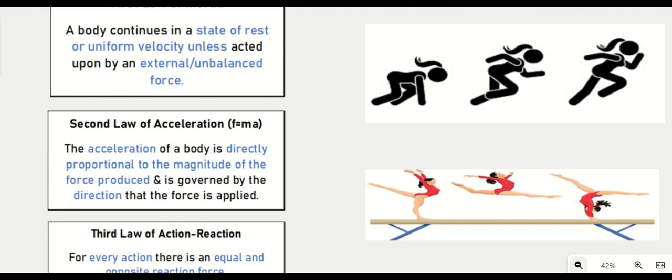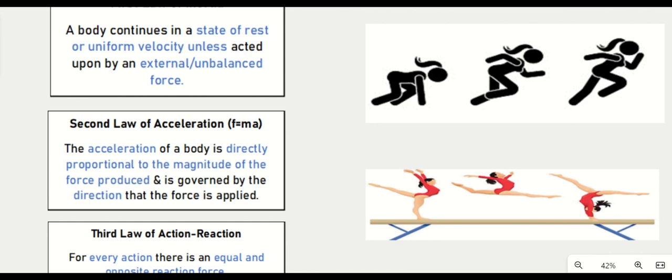Let's just have a little look at that. So there we go. If we have a look at the sprinter, she's going to need to apply to the ground or to the blocks a muscular force by contracting her gluteals and her quadriceps and so on and so forth. She's going to need to apply a muscular force to the ground that's bigger than her inertia to get her moving to start with.